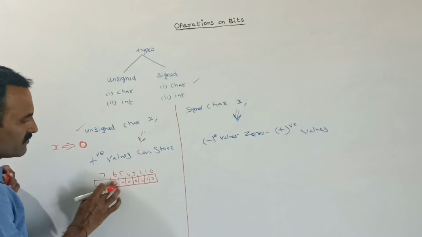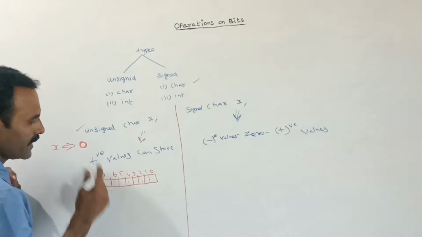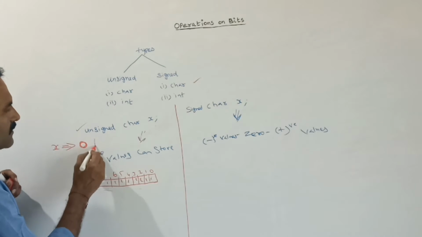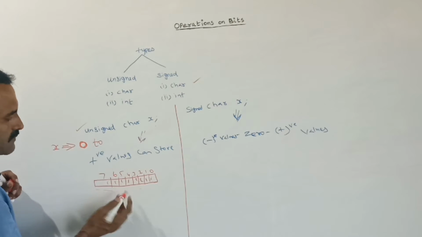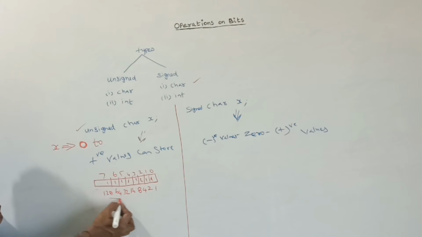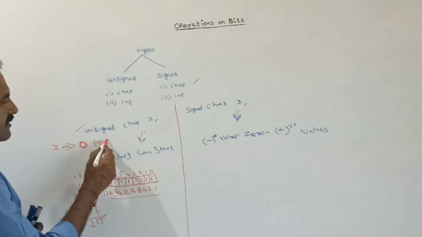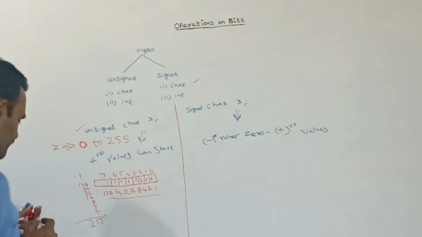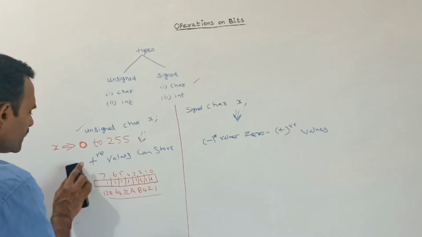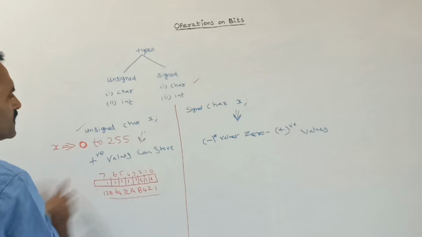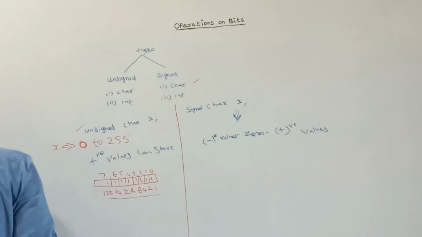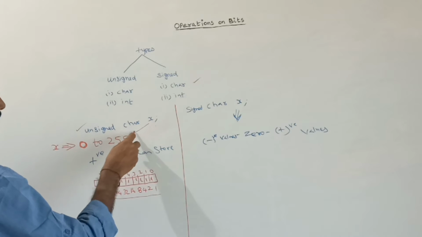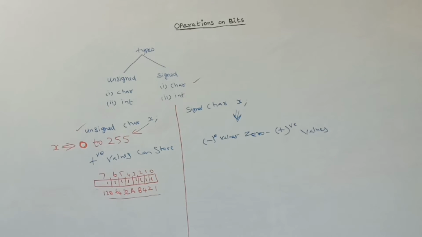If every bit value is 1, that is the maximum value. Now you add these values. The maximum value we can give is 255. From 0 to 255. If you declare unsigned character x, for this x I can give values from 0 to 255.